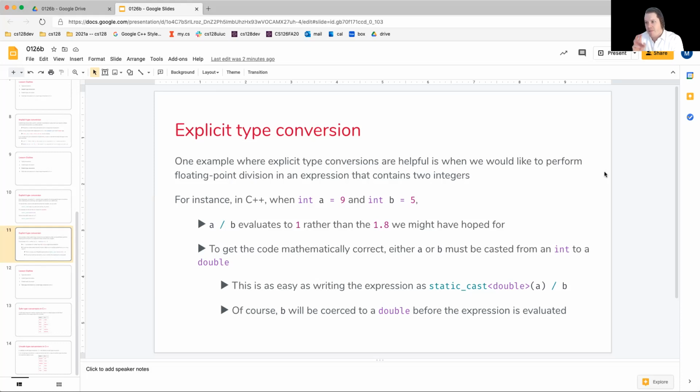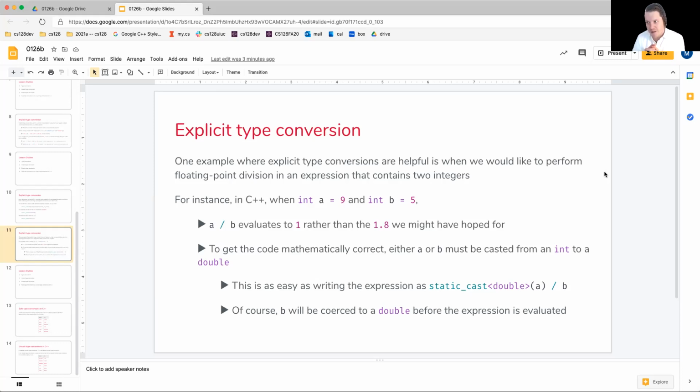To get what we're considering mathematically correct in this instance, either a or b must be cast from an integer value to a double. And what this is going to mean is that we're going to have a mixed mode expression. So if I write static_cast<double>(a) and then divide the result of that expression by b, what's essentially happening is we're getting 9.0, because that is what the static cast will change a into, divided by 5.